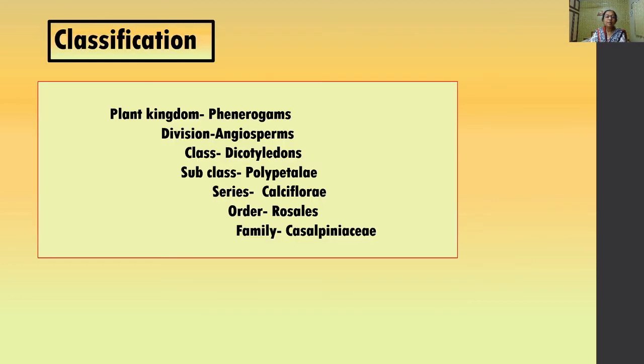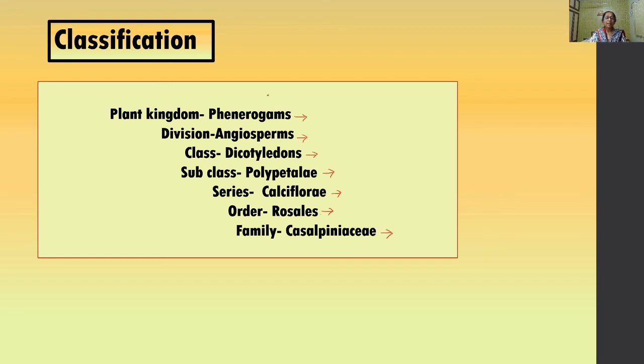Now next we will see its classification. Before the classification you should go for the identifying characters. Now the characters seen in the plant explain why we placed it under the phanerogams, angiosperms, dicotyledons, polypetalae, caliciflori, order Rosales and family Caesalpiniaceae.